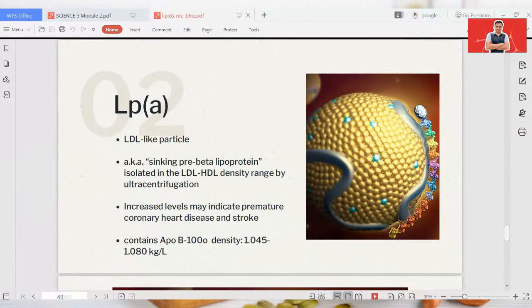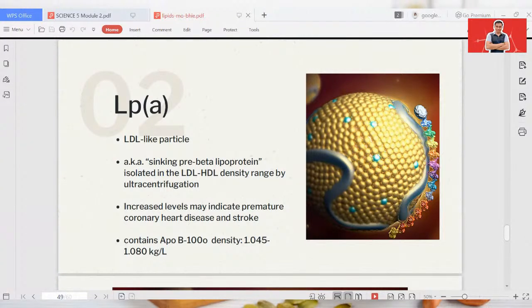LPA or the lipoprotein A. It is an LDL-like particle kasi parang same sila ng structure nung sa LDL. Tapos, it is proven to be pathogenic in nature and involved in the development of CHD. The increased levels of this lipoprotein may indicate premature coronary heart disease and stroke. It is also known as the sinking pre-beta lipoprotein.